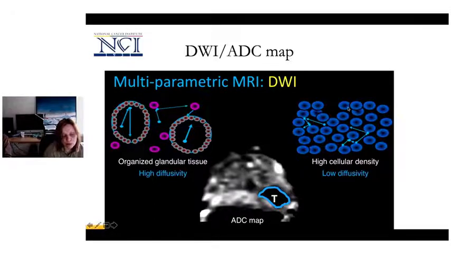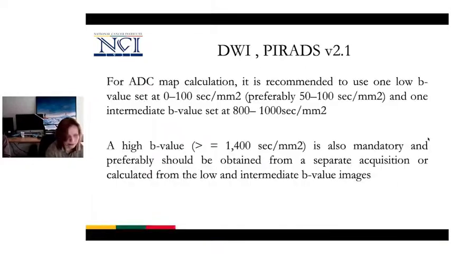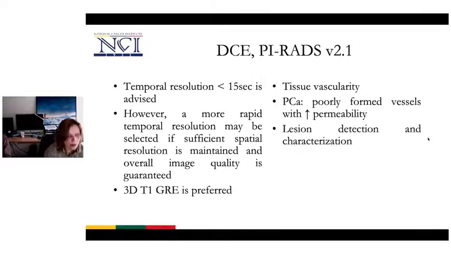And if we have a high cellular density in case of cancer, we have diffusion restriction of water molecules, and this is why we get the bright signal on diffusion images and the corresponding reverse images on ADC. These are the parameters that are recommended by PI-RADS for ADC calculation and for diffusion images.